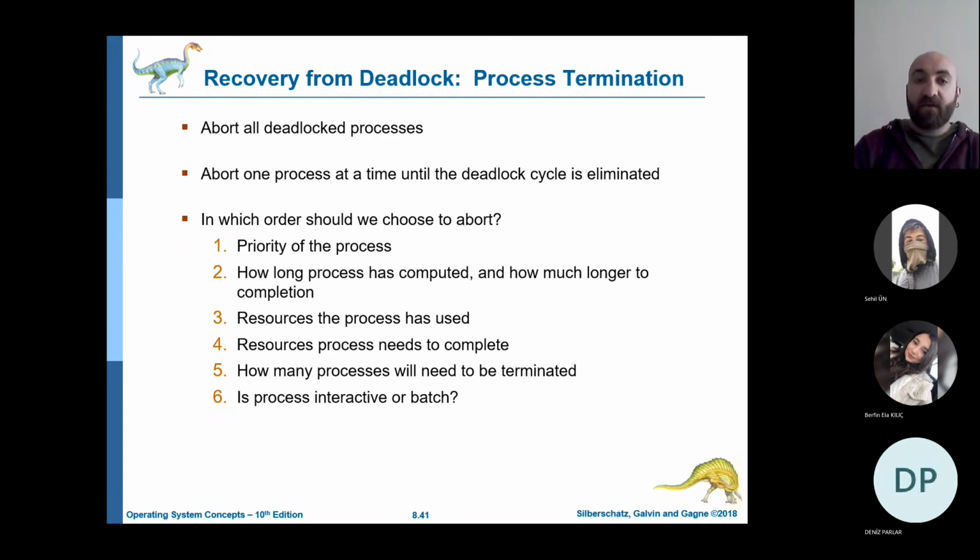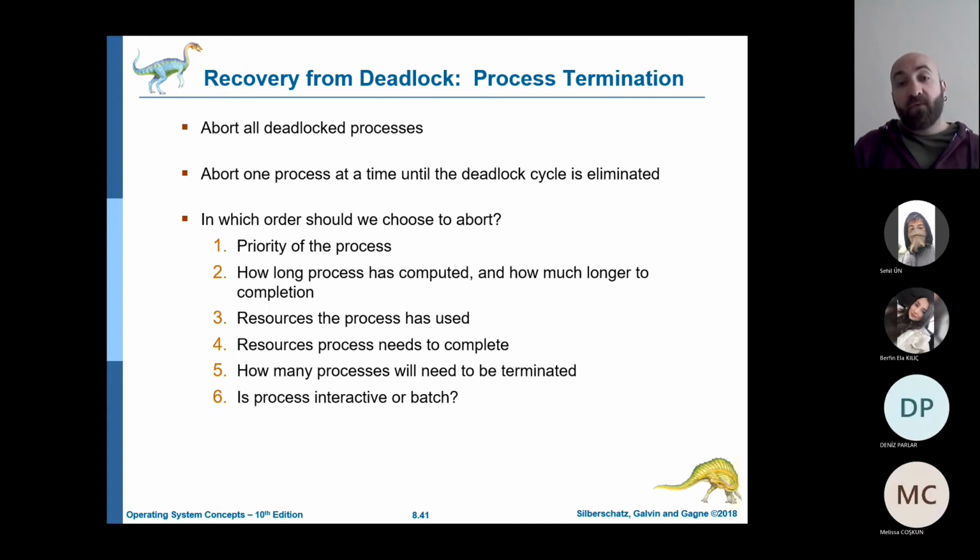There are two options for breaking a deadlock. One is simply to abort one or more threads to break the circular wait. The other is to preempt some resources from one or more of the deadlocked threads.